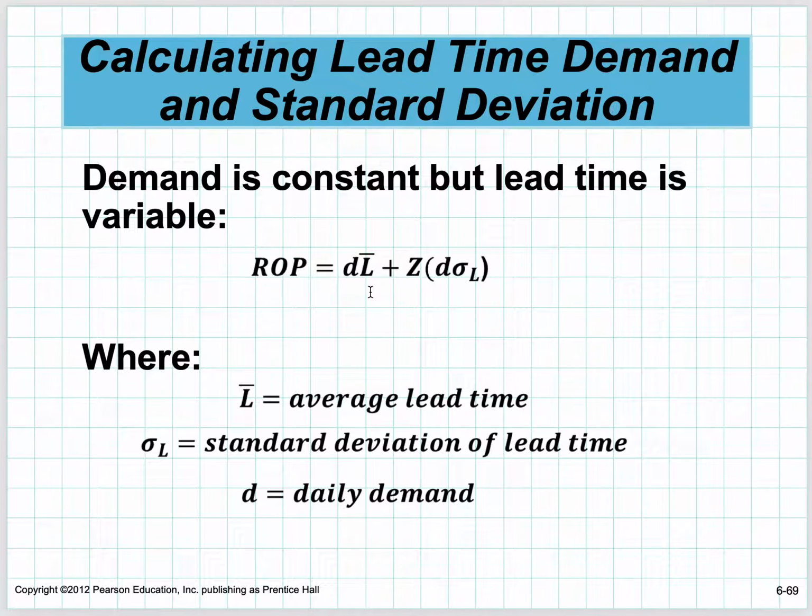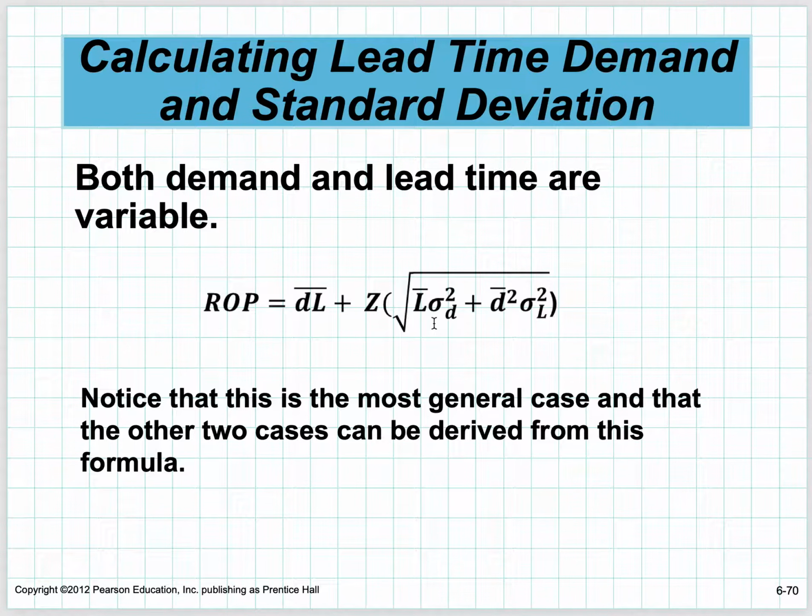If you do it the other way, where lead time is a variable, again, L bar is the average lead time, sigma sub L is the standard deviation of lead time, and D is the daily demand. Which one is constant and which one is the standard deviation changes. If they're both variable, now you have D bar times L bar, but when you add standard deviations, you have to square them first.